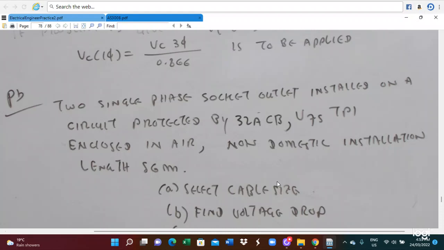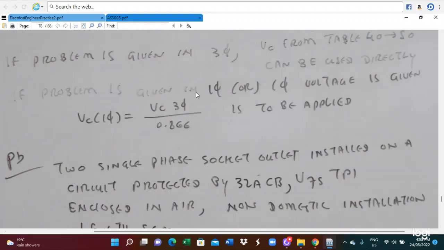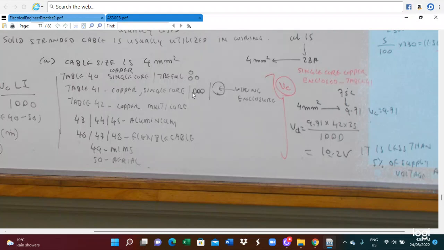In this case, the circuit has sockets with two single-core cables. Table 40 is for copper single-core, but for single-core enclosed, you have to refer to table 41. So this is in a wiring enclosure, and table 41 has to be utilized.